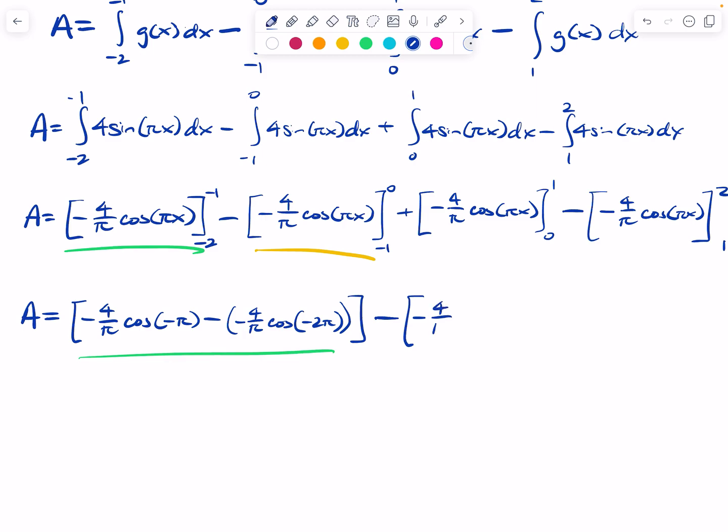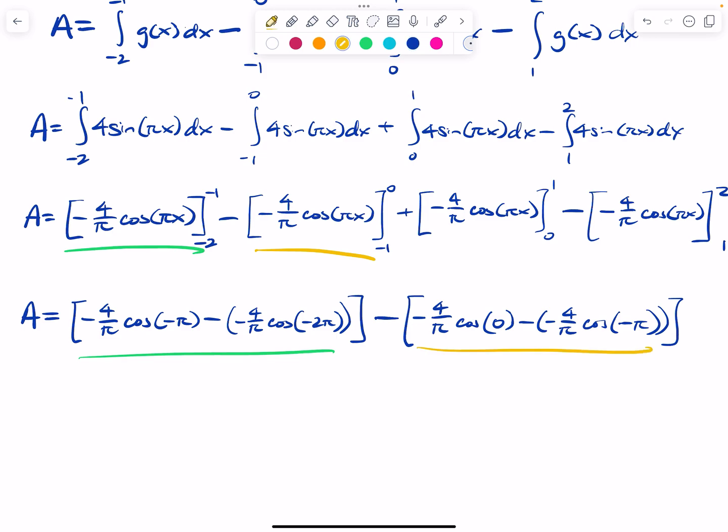Negative 4 over pi cos of pi x, the top value is 0, minus negative 4 over pi cos of negative pi. That's the yellow one accounted for.